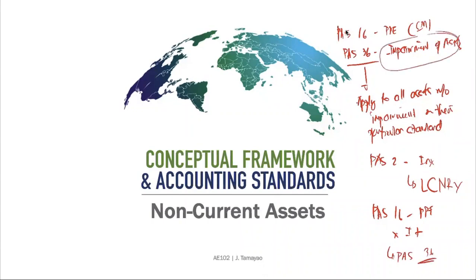So we use PAS 36 impairment of assets. Again, PAS 36 will only apply if that particular standard does not give its own impairment test. So in our example, PAS 2 has its own impairment test, LCNRV, while PAS 16 does not have, then we use your PAS 36.